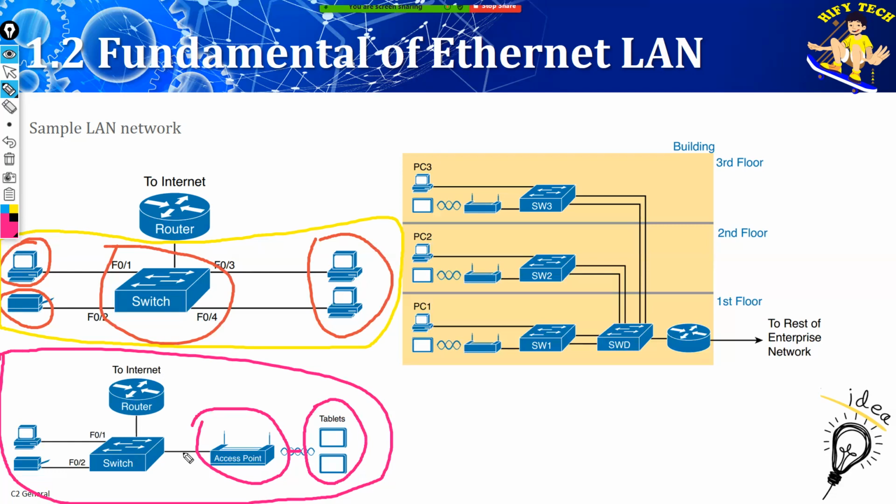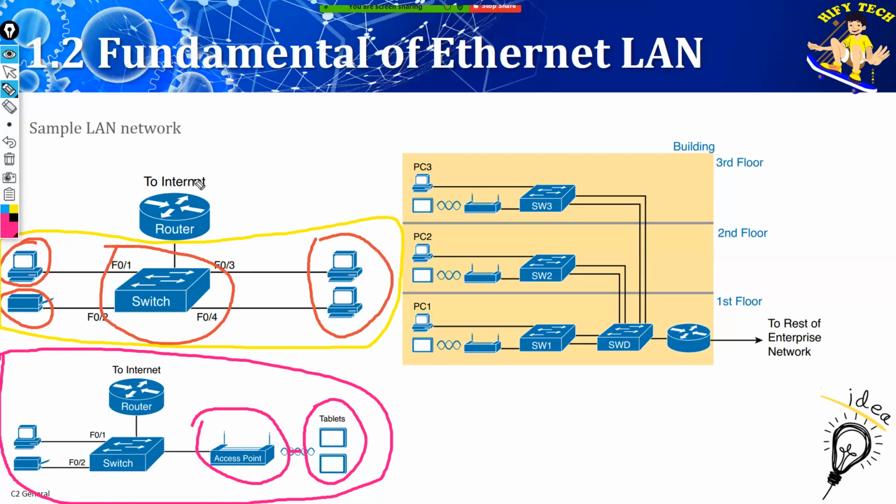If we have a bigger network where we cannot lay the Ethernet cable directly, we can connect through Wi-Fi. For example, tablets or mobile phones, we cannot connect an Ethernet cable to the phones. So we have the option of Wi-Fi only. So there we can use the access point. So this is another type of architecture of Ethernet network.